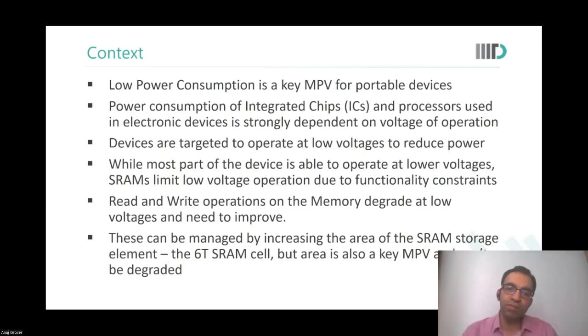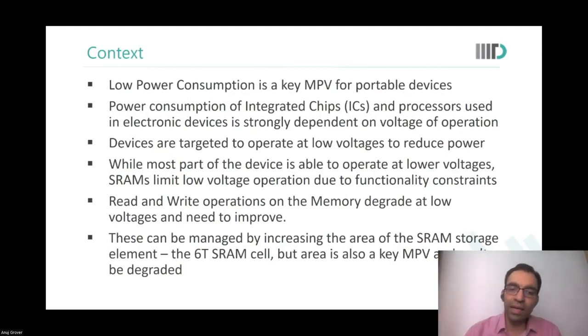And as we shrink the area of devices, we are able to fabricate more devices in the same time. And therefore, the machine depreciation cost and all those costs reduce, and we are able to reduce the cost of electronics. So you cannot really increase area also. So the obvious solution, to increase the area to improve read and write, doesn't work.